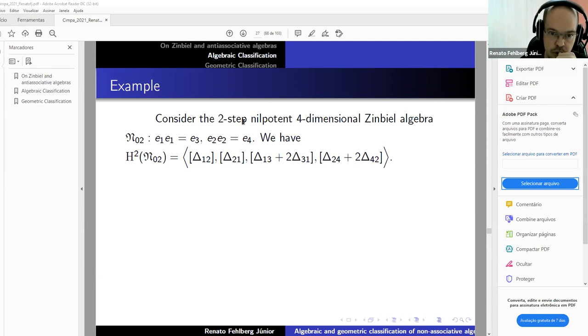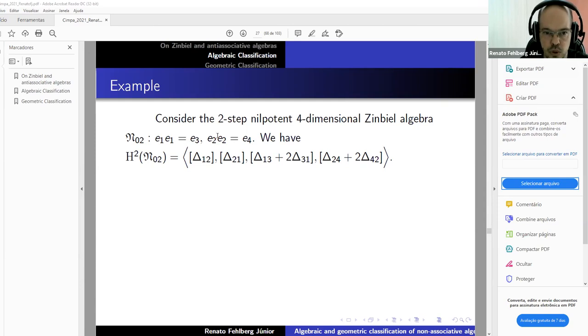In this example, I will consider this two-step nilpotent 4-dimensional Zinbiel algebra, R2. The elements e1, e2, e3, and e4 are a basis of this algebra. And here I will put just the non-zero products.